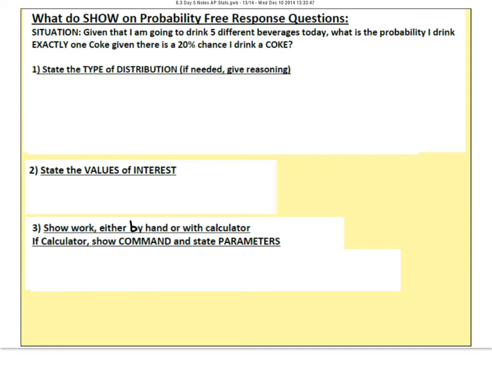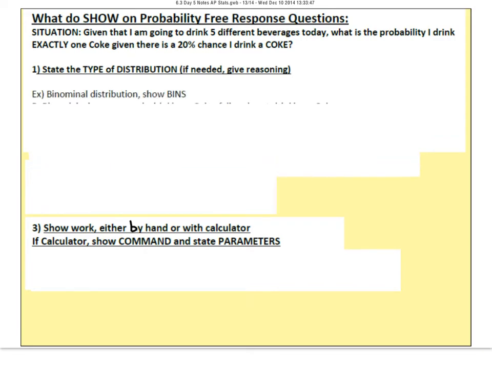I use this Coke example just to show you the required work that you must have on your paper for this. Here's a situation. Given that I'm going to drink 5 different beverages today, what's the probability I drink exactly 1 Coke, given there's a 20% chance I drink a Coke? Okay, so in this case, for stating the type of distribution, what I have to do is say it's a binomial distribution, and I have to show BINS somewhere.